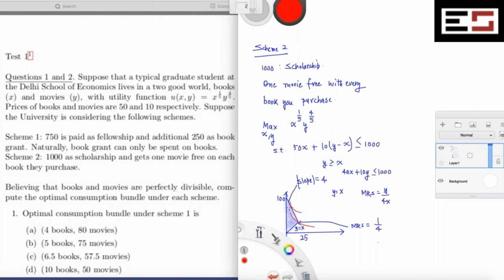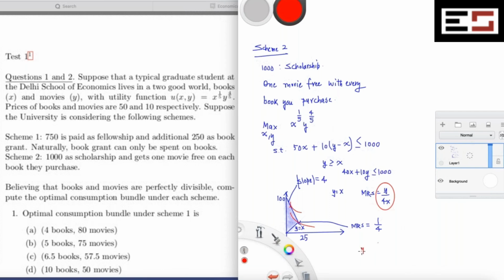Okay, so how do I figure out this point? At this point, the MRS must be equal to the absolute value of the slope of this line. What is the MRS? Y by 4x.